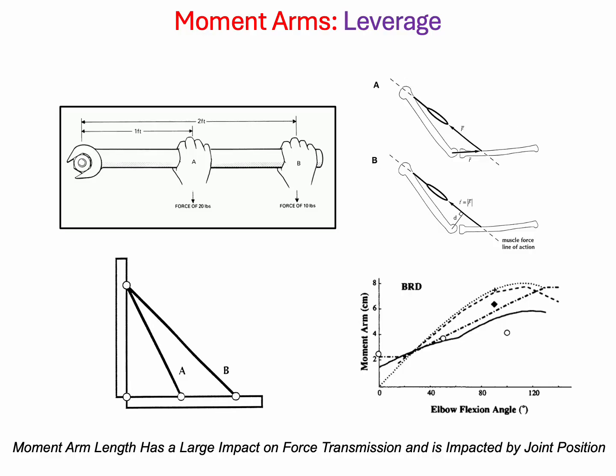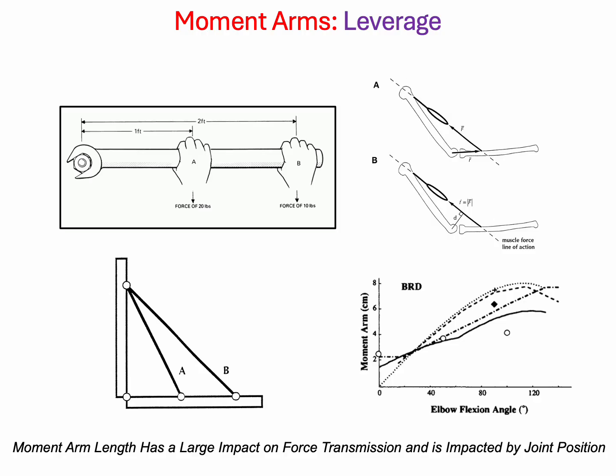Now, this is something that will likely be discussed later on in the biomechanics lecture. It's really important to our understanding of force production. So when we talk about moment arms, and this is not meant to give you an exhaustive understanding of moment arms, but here's why they matter. It's related to leverage.